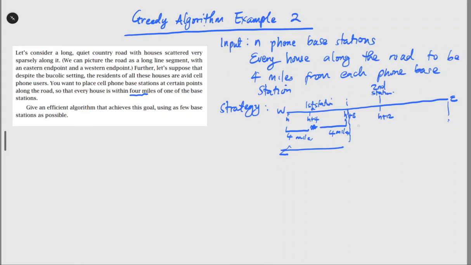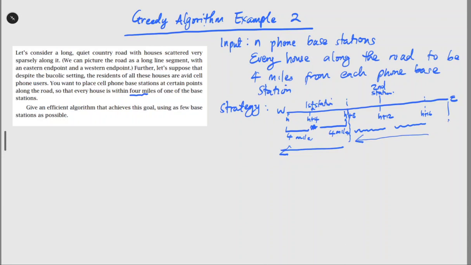And this second station covers houses from this and houses to this, which is at H plus 16. So I'm going to remove everything here and then repeat the process. So this is what my strategy is going to be. This is the strategy I would use if I were to solve this problem.